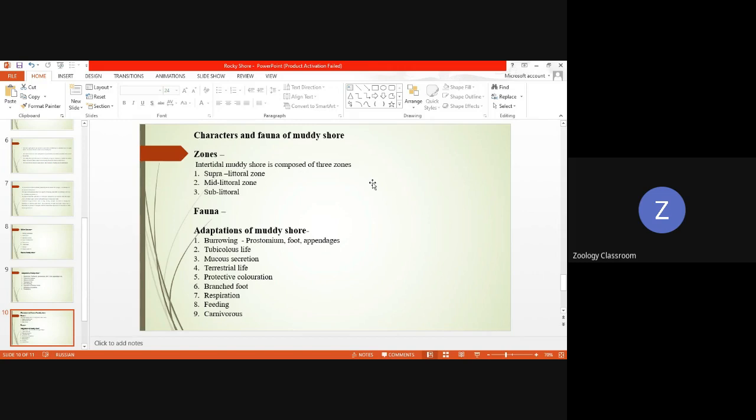The temperature of the muddy shore remains constant, and salinity of the intertidal muddy shore is also constant. Now, certain zones are observed: supra-littoral zone, mid-littoral zone, and sub-littoral zone of the muddy shore.